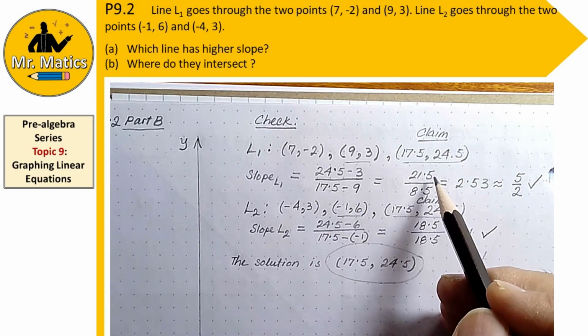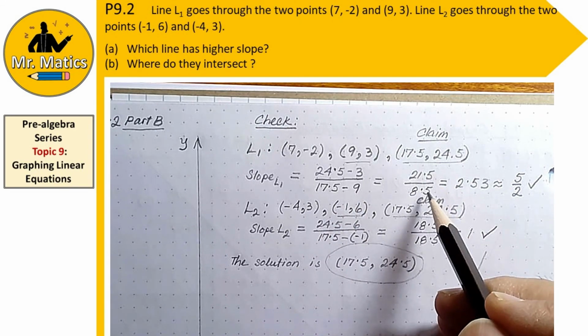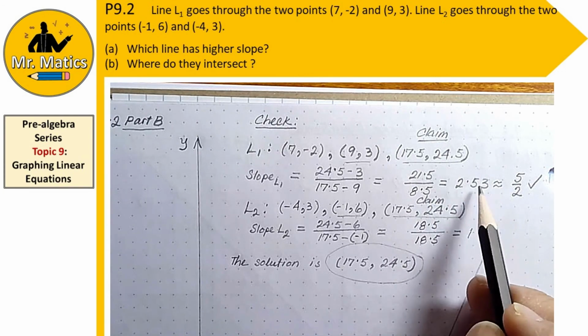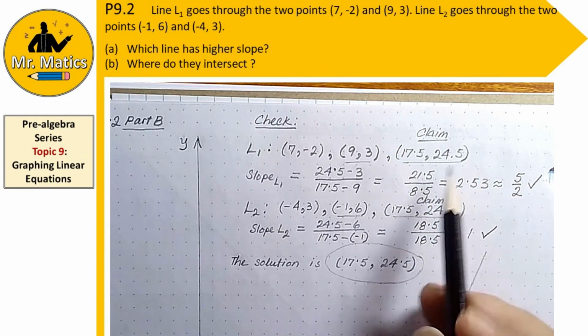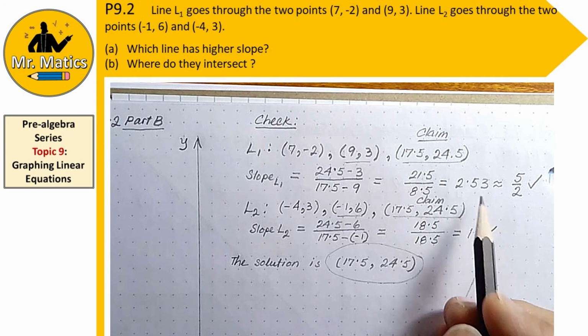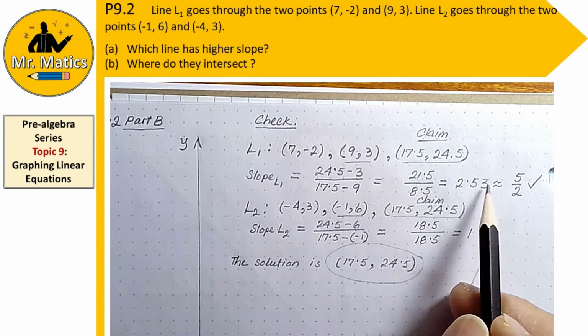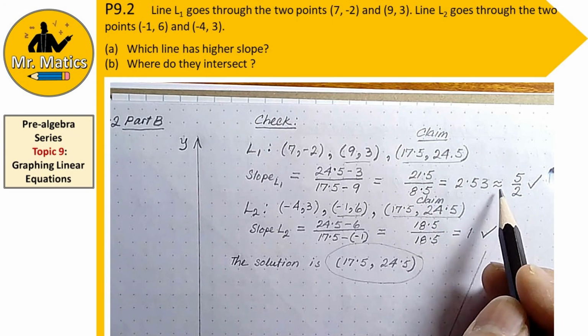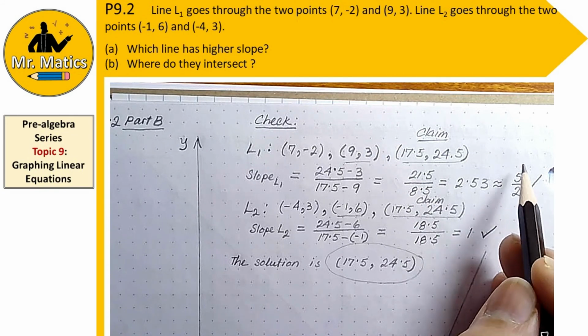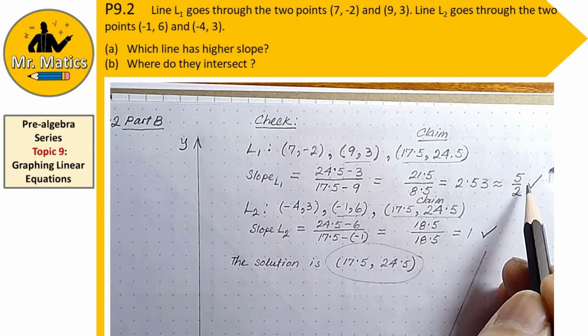That is 21.5 divided by 8.5. If you use a calculator, it's easier. 2.53 is the answer, which is very close to 2.5 or 5 over 2. So this sort of checks out.